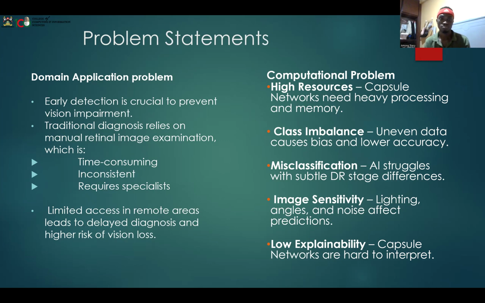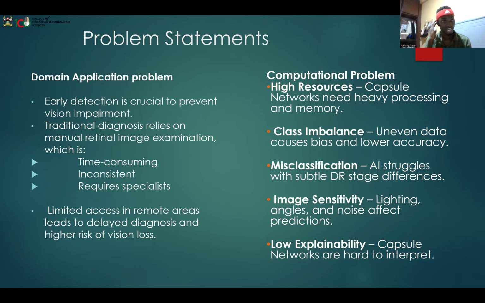Early detection is very crucial to prevent vision impairments, since if it reaches the latest stages, the PDR, the proliferative diabetic retinopathy stage, it becomes very hard to treat, and the chances of treating it become lower.